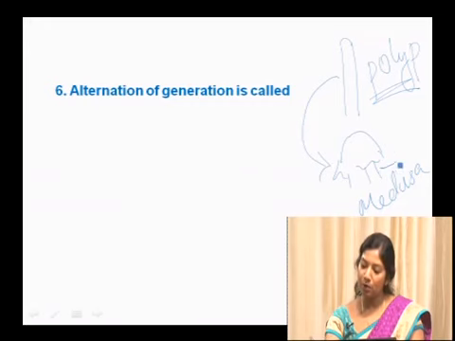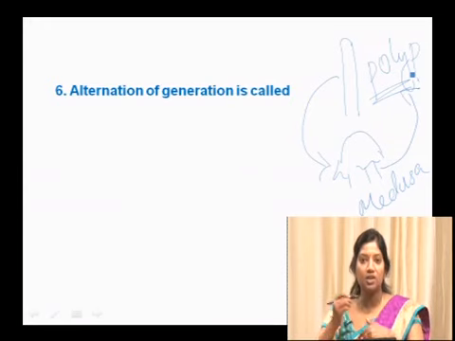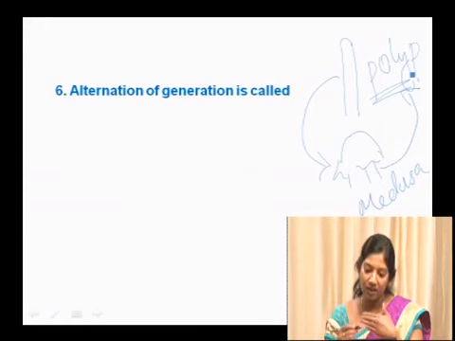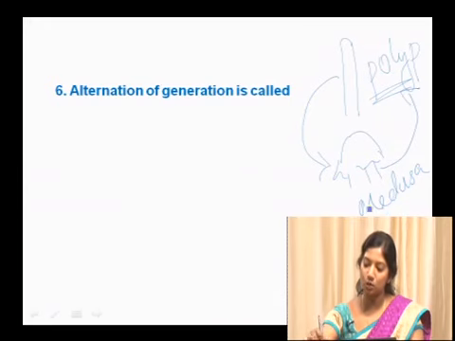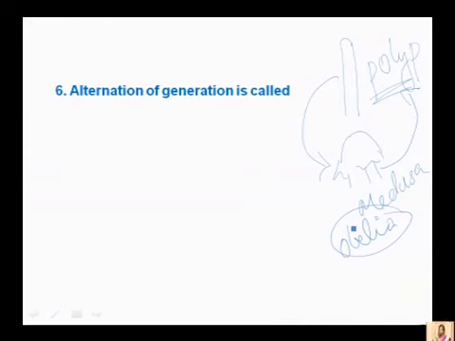It will reproduce sexually to produce what is called polyp. So the generations alternate, that is sexual to asexual, asexual again to sexual takes place. A very good example is Obelia, where you can see this polymorphism takes place, and this process of alternation of generation is also called metagenesis.